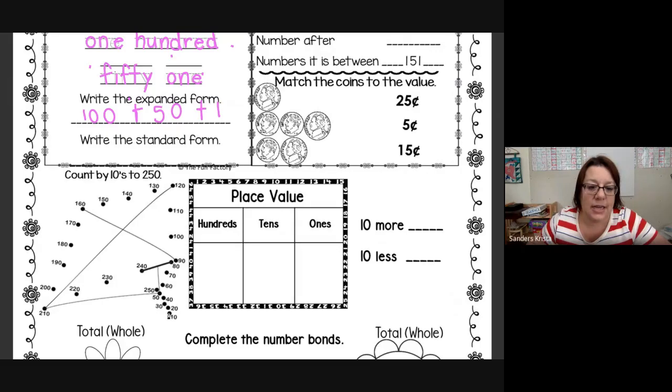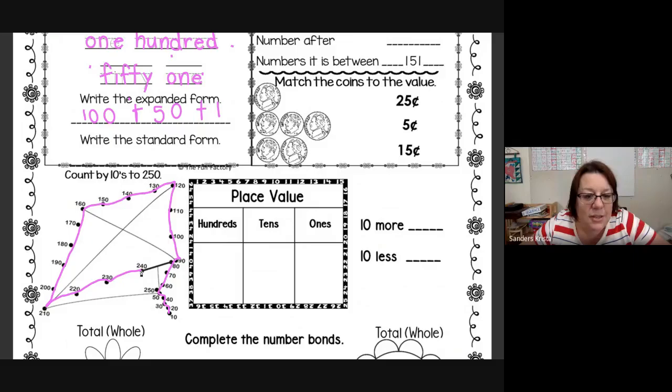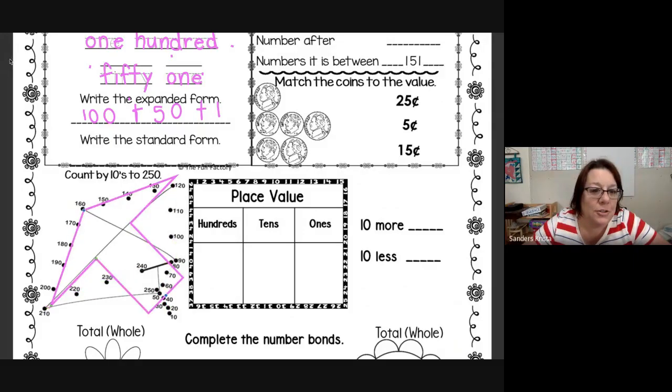Let's count by tens. 10, 20, 30, 40, 50, 60, 70, 80, 90, 100. 110, 120, 130, 140, 150, 160, 170, 180, 190, 200, 210, 220, 230, 240, and I do not know where 250 is. And we're just going to pretend like that did not just happen. I don't know why it changed.